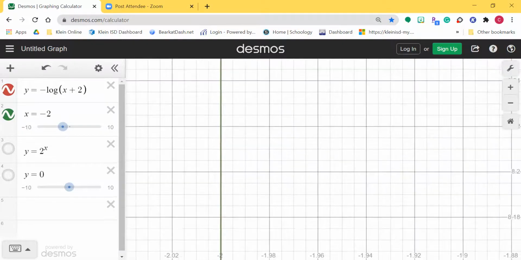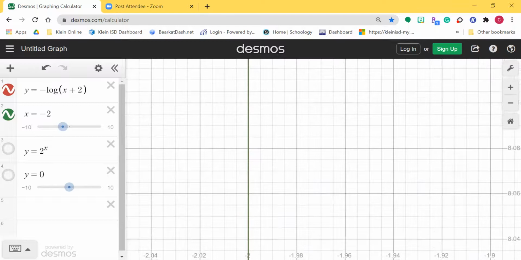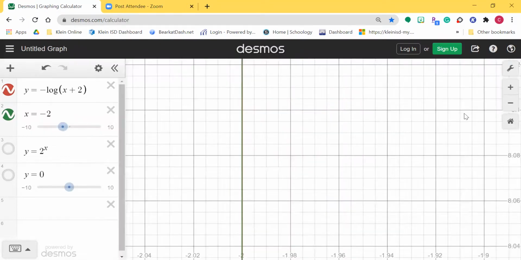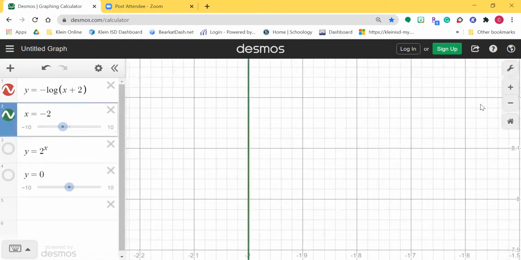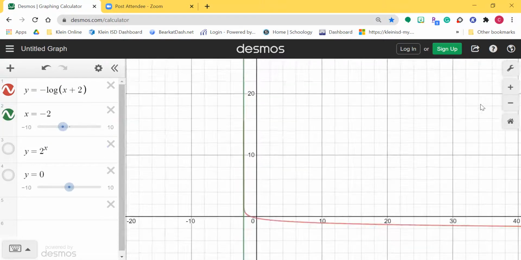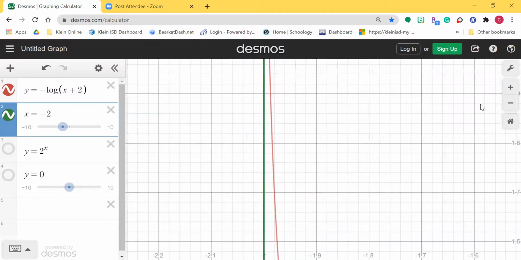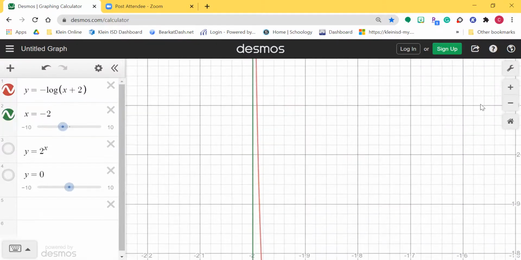Oh, yikes, Miss Bailey, what did you do? What happened? Where'd my graph go? Y'all saw me. Oh, there it is. Ready? If I zoom in, you see it's never actually going to touch, right? It gets closer and closer and closer, never actually touching.